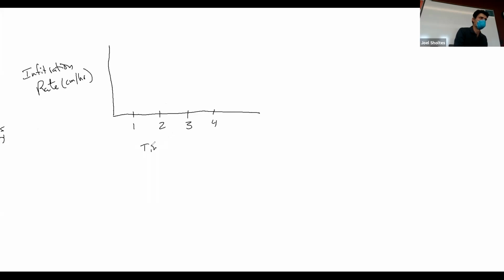This will be time after rainfall onset, so after the beginning of the rainfall. And this is arbitrary. I could make some numbers up, 6, 4, 2, 0, something like that.